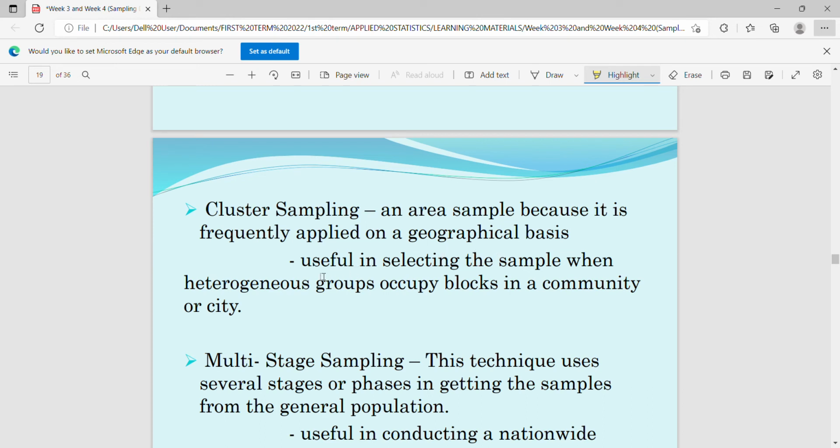It is useful in selecting the sample when heterogeneous groups occupy blocks in the community or city. So this cluster method is more on lugar siya or something community or city.